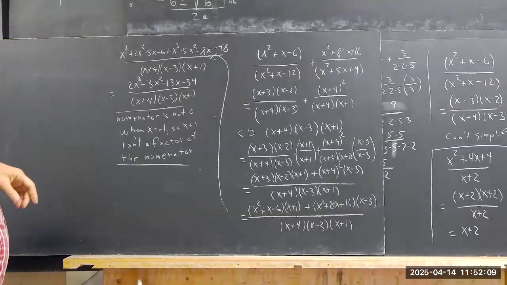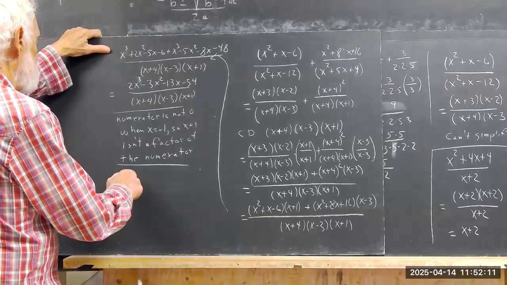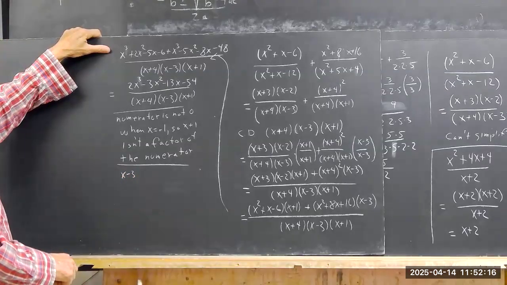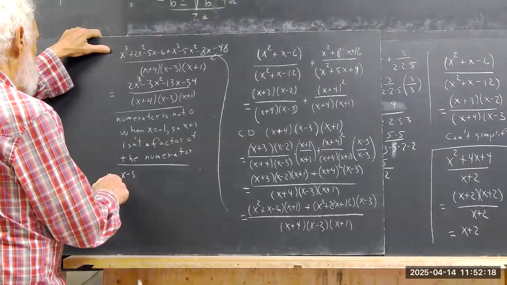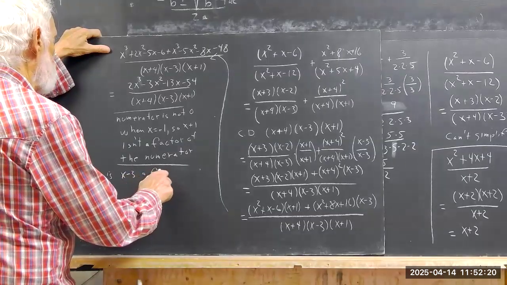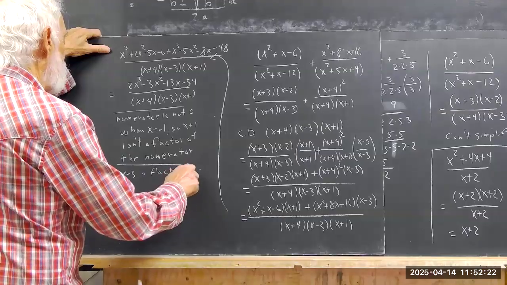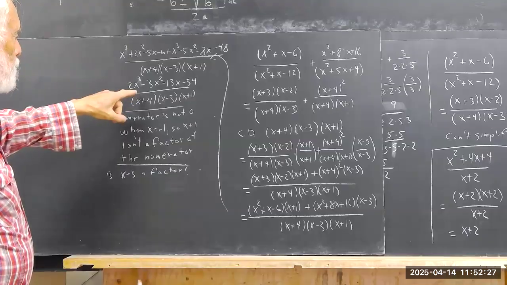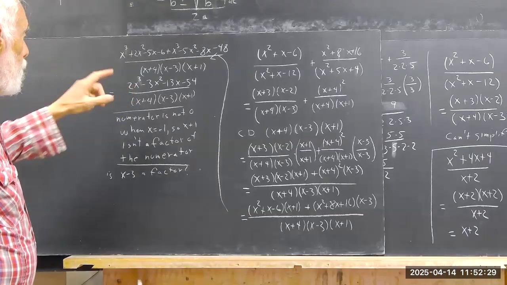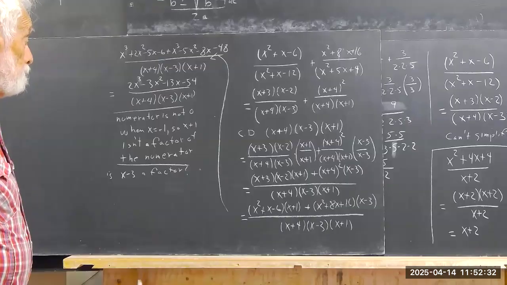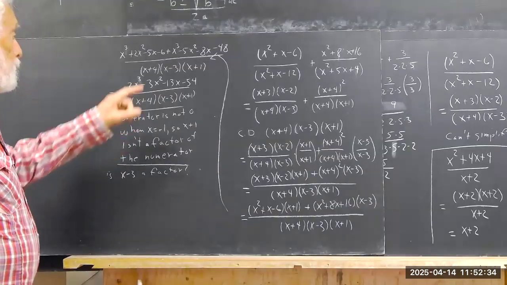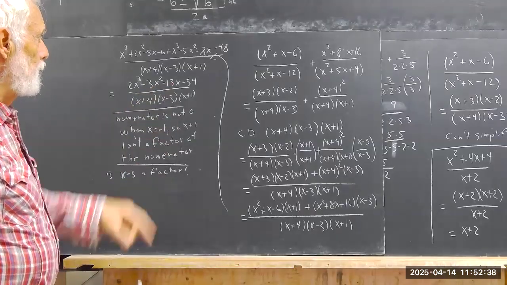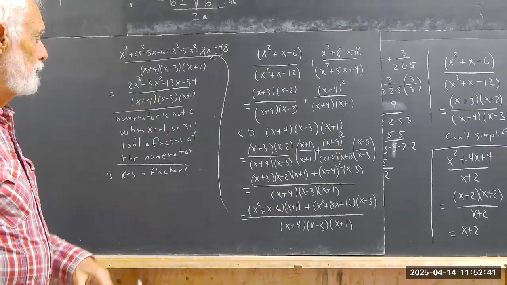So checking x minus 3, I'll say, is x minus 3 a factor? And then I'll say yes or no. If I plug in x equals 3, 2x cubed is 54, which takes care of that negative 54. And then 3x squared is negative 27, but negative 13x is negative 39.